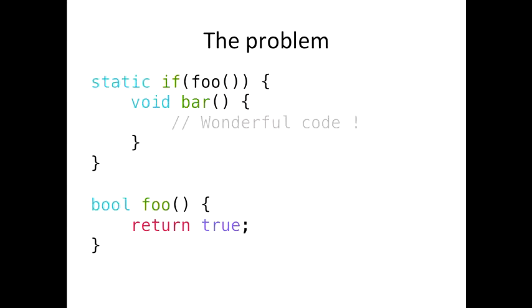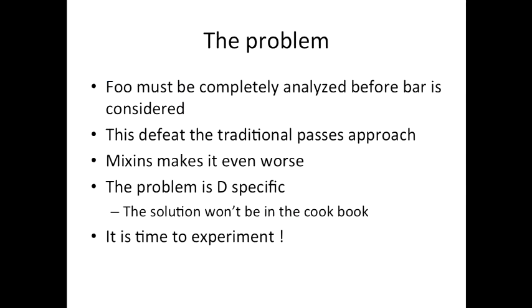And that's actually a problem, because if you have several passes, let's say you have 3 passes, foo must end pass 3 before bar starts pass 1. And that kind of destroys the whole idea of having passes. So there are several solutions to that problem.